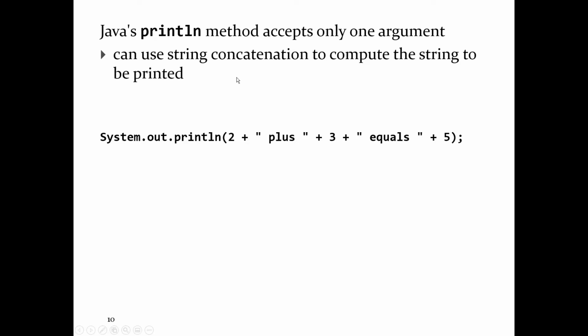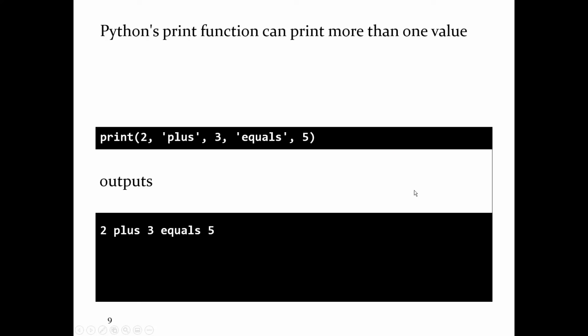For example, you can use string concatenation to compute the string that you want to print. You can write 2, then plus the string plus, then concatenate that with a 3, then with equals, and then with 5. That will generate the same string as you see here.